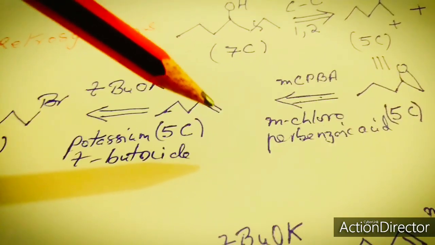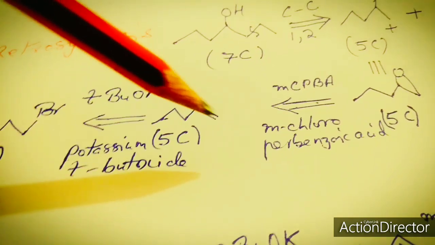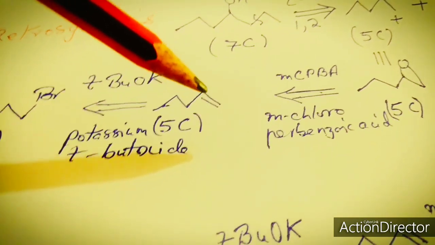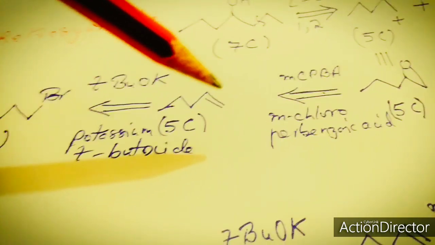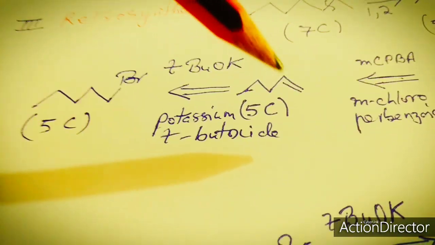Now how can this double bond be obtained? Double bond by elimination. So for elimination, if supposing we have an H here and a Br here, potassium tertiary butoxide will give us this double bond.